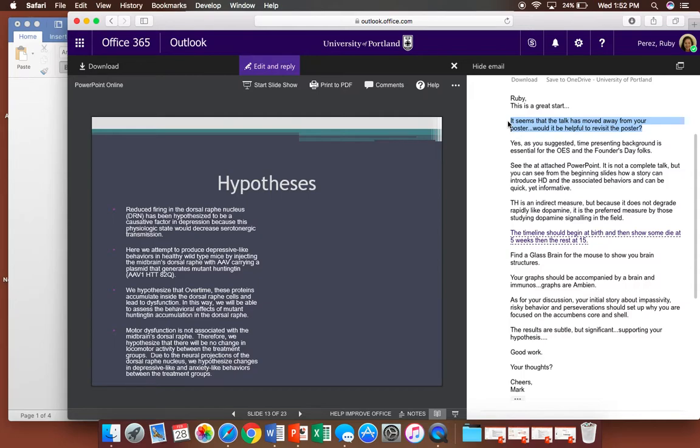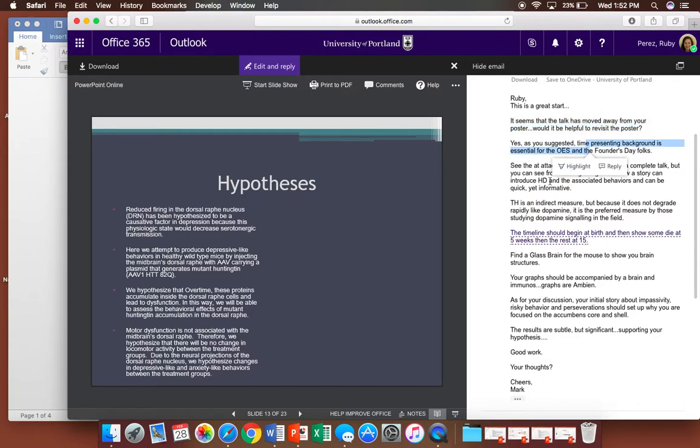Additionally, with peer reviews that we did in class, a lot of people said, as soon as you said a word like nucleus accumbens, I was lost. So I'm trying to make it as simple as I can, especially for OAS and for Founders Day, because you say the word neuroanatomy and people tune out because it's something that they're unfamiliar with. So that's my purpose of moving away from the poster.